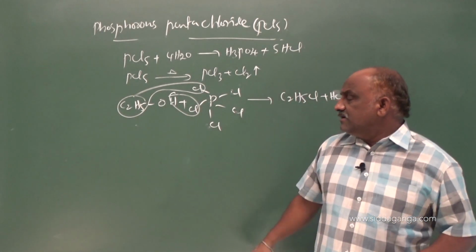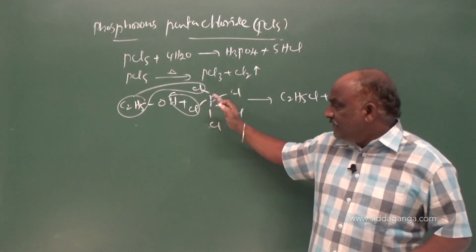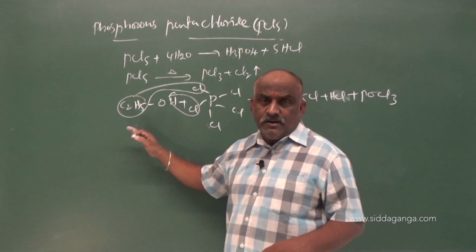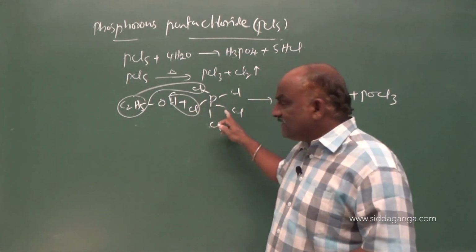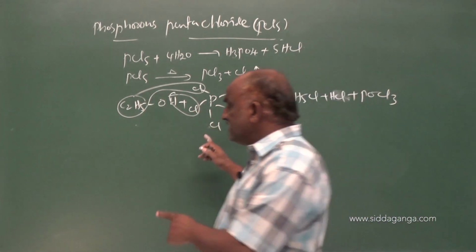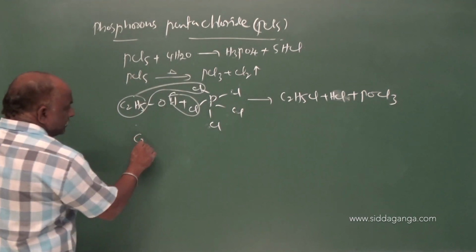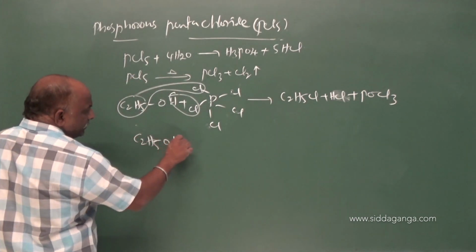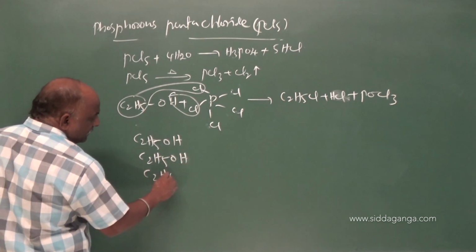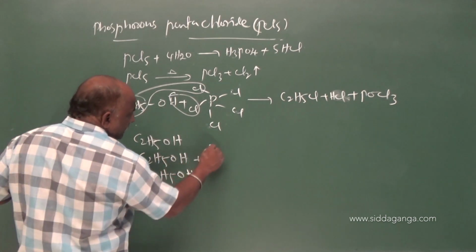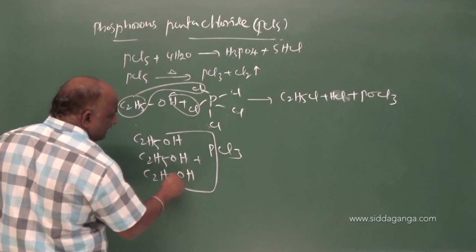This reaction we also discussed in the morning in the previous class, with respect to PCl3. With respect to PCl3, already I said that it is C2H5OH, how many molecules? 3 molecules. C2H5OH, 3 molecules, plus PCl3. Simple, you should remove this part.